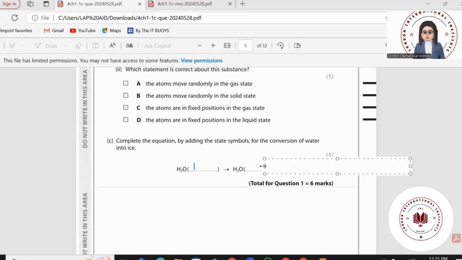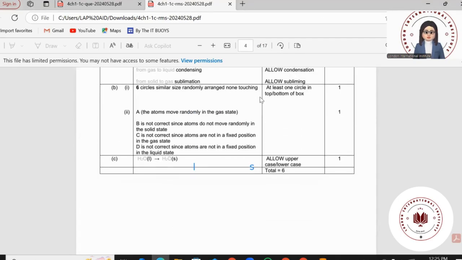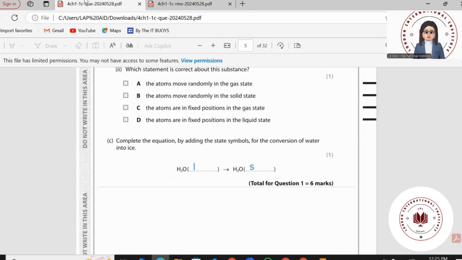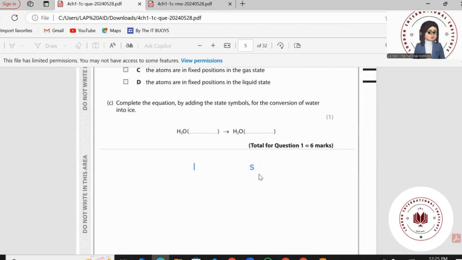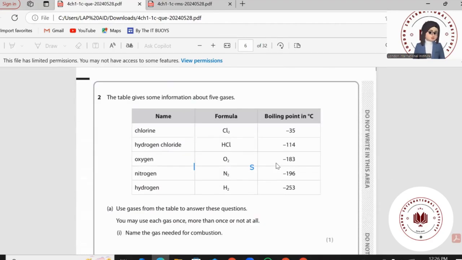For this one over here, we are asked from water to ice, and ice is solid, so this is the marking scheme. See? So now moving on to the next question.